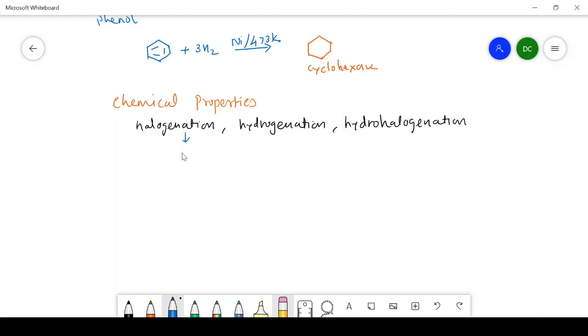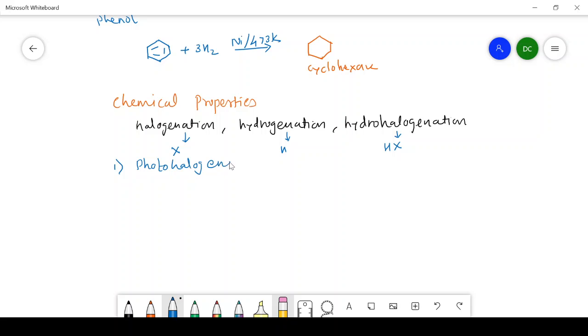Halogenation means addition of halogen by replacing the hydrogen. So here halogen is added. Hydrogenation means addition of hydrogen, whereas hydrohalogenation means addition of hydrogen and halogen, that is HX. So these three reactions are shown by cycloalkanes. So the first reaction is photohalogenation.